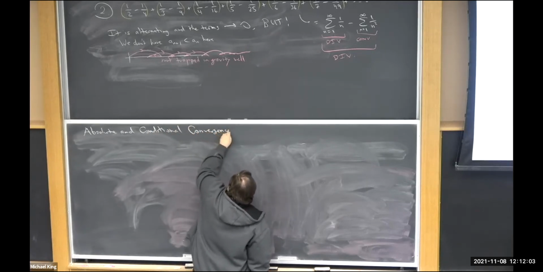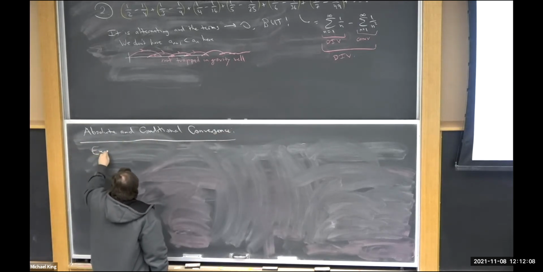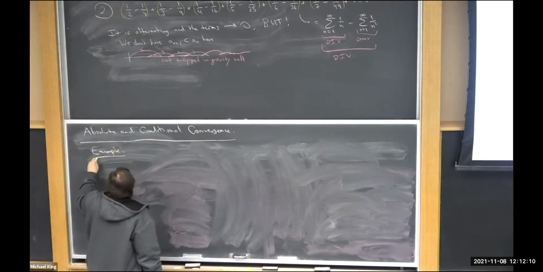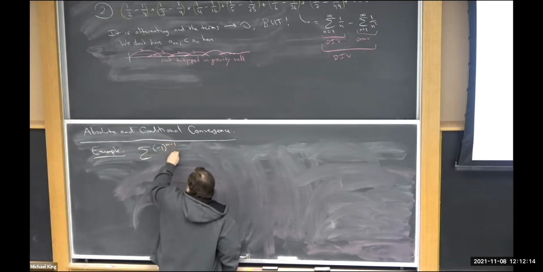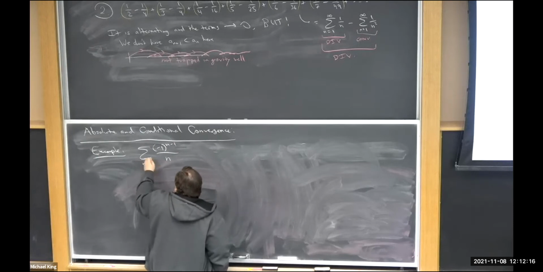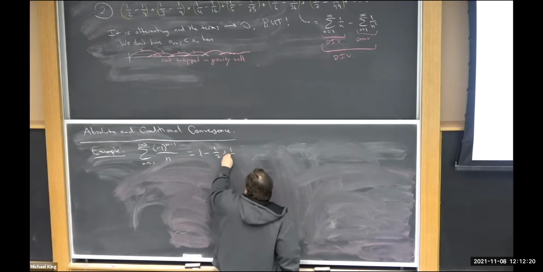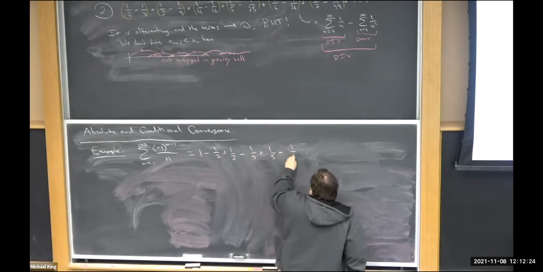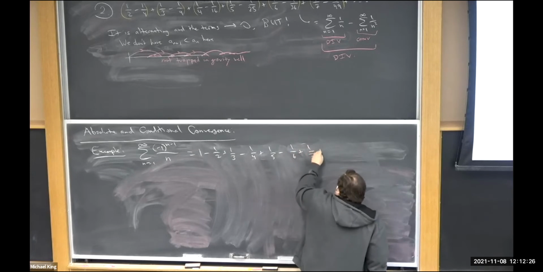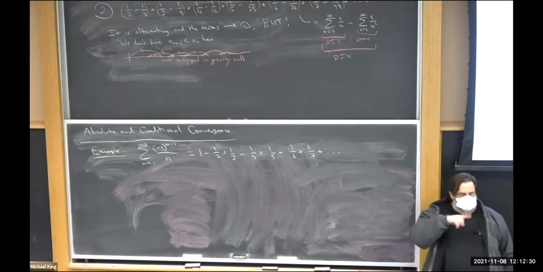Again, let's just talk about an example. Always the best place to start. So let's actually look at the alternating harmonic series. By this, I just mean the series 1 minus a half plus a third minus a quarter plus a fifth minus a sixth plus a seventh and so on.